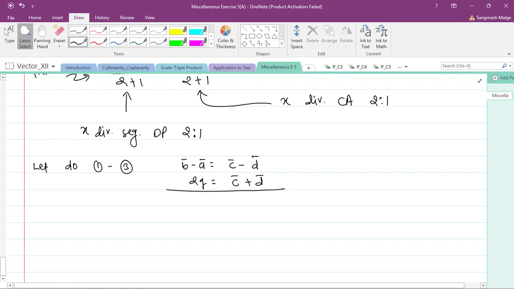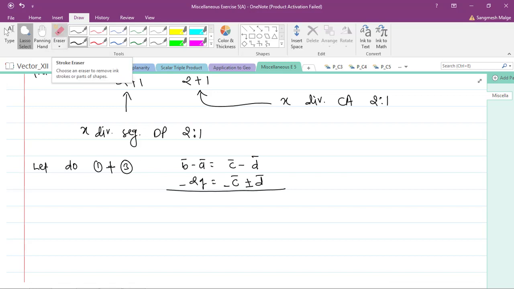Okay, you are doing the subtraction, so let's have a minus sign. Minus was not needed, plus was needed, sorry. Plus is needed because the signs are opposite, so we can directly add them.